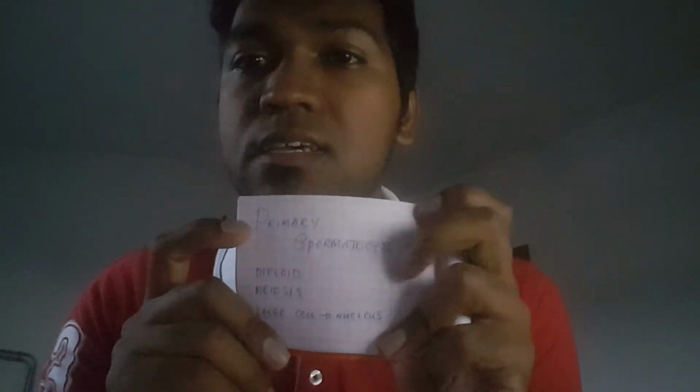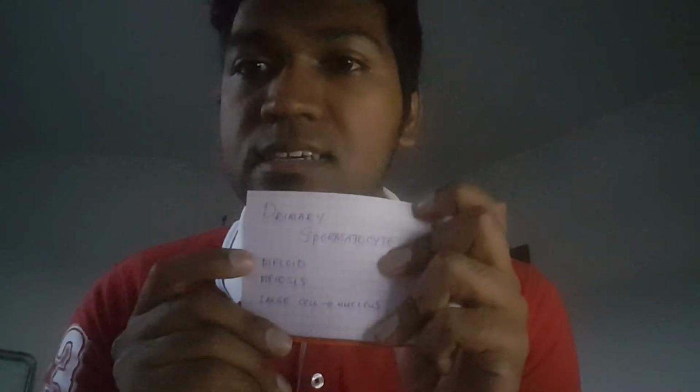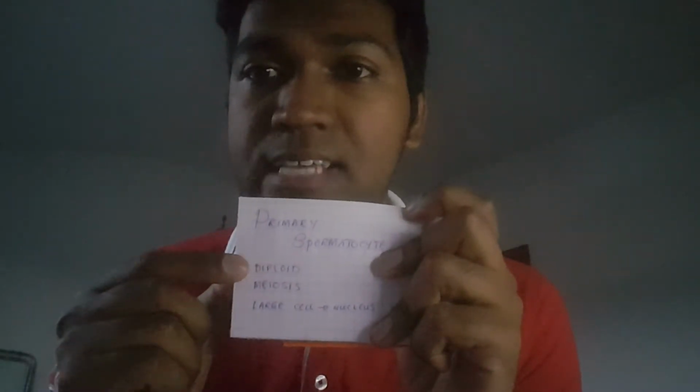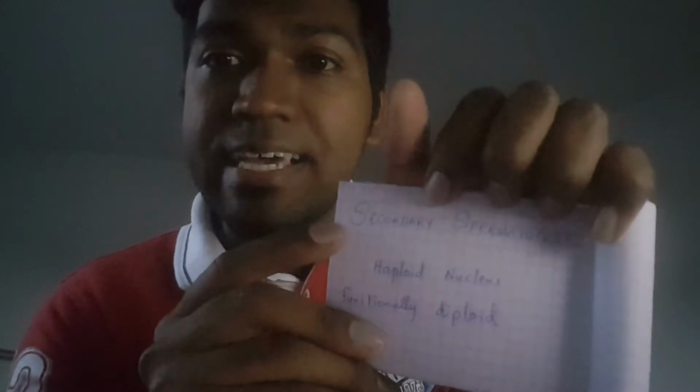This primary spermatocyte is the last place where we can find it as a diploid cell, and it starts to undergo meiosis. It is a large cell with a large nucleus. Now the first egg-shaped nucleus has become larger. These primary spermatocytes become the secondary spermatocytes.